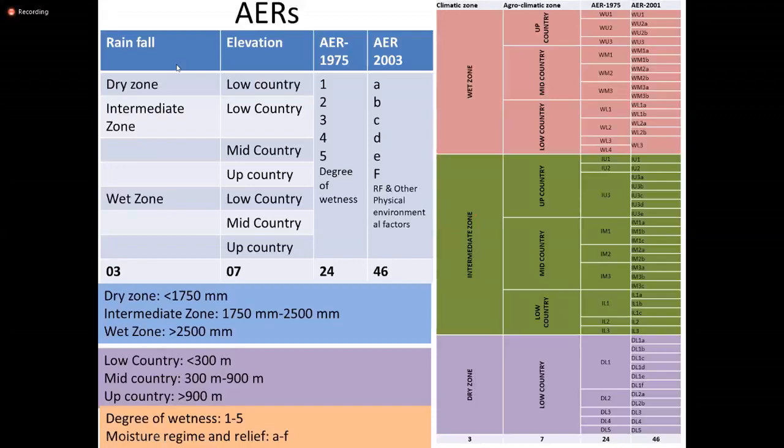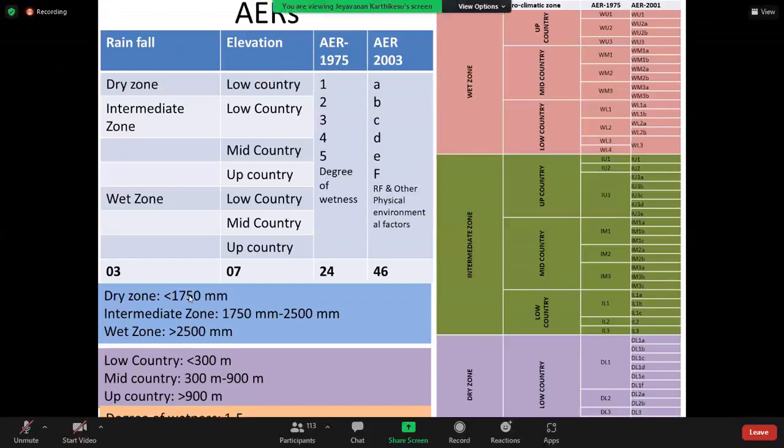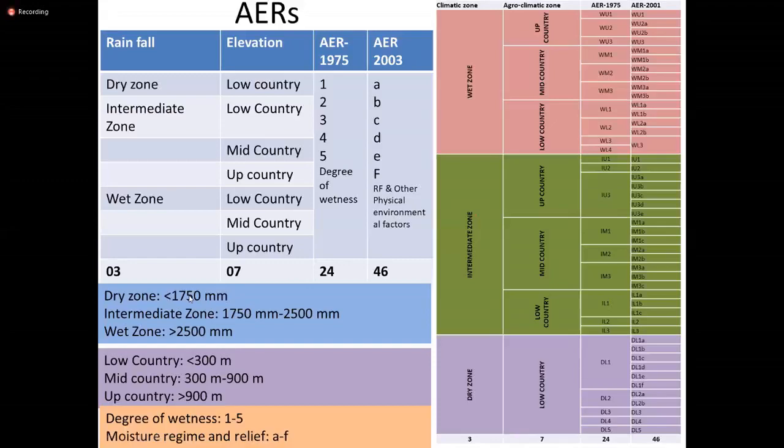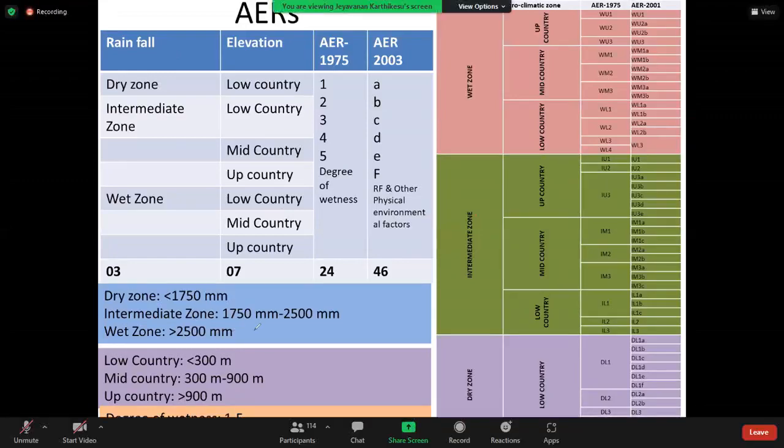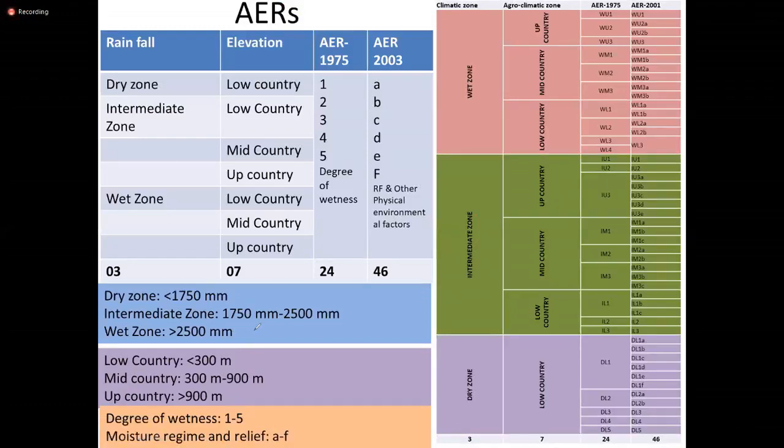Last class we discussed that a particular area which receives less than 1,750 millimeters is called the dry zone. Likewise, if the region falls between 1,750 and 2,500 millimeters, we call it the intermediate zone.